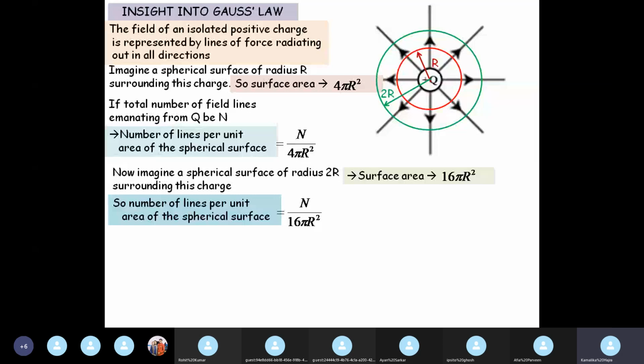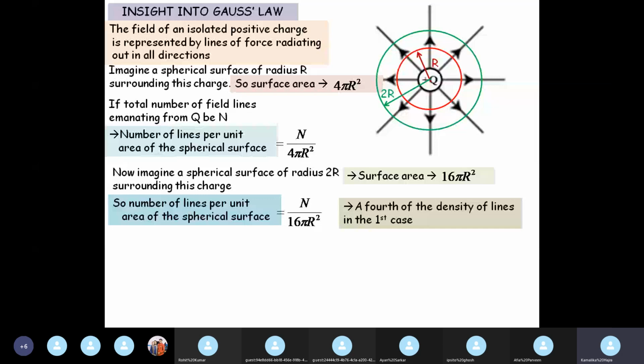But the number of lines of force passing per unit surface area of the red sphere, that is the smaller sphere, is definitely larger than that of the outer, larger sphere. And we can see clearly that the density of the lines of force for the green sphere is 1/4 of the density of lines of force for the red sphere, right? So basically what does this tell us?